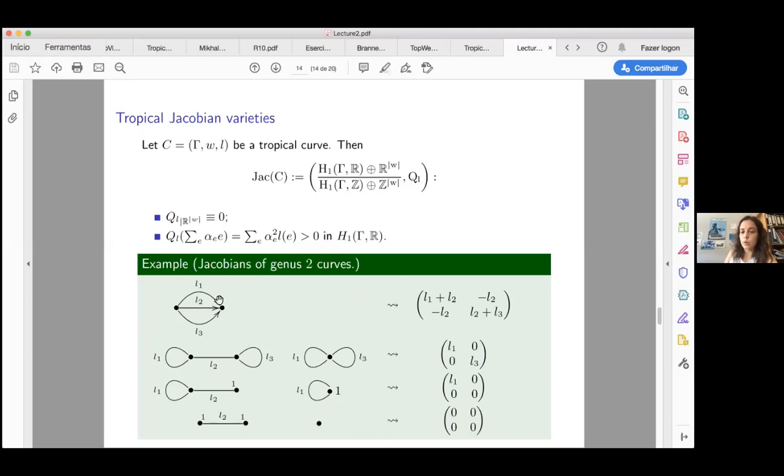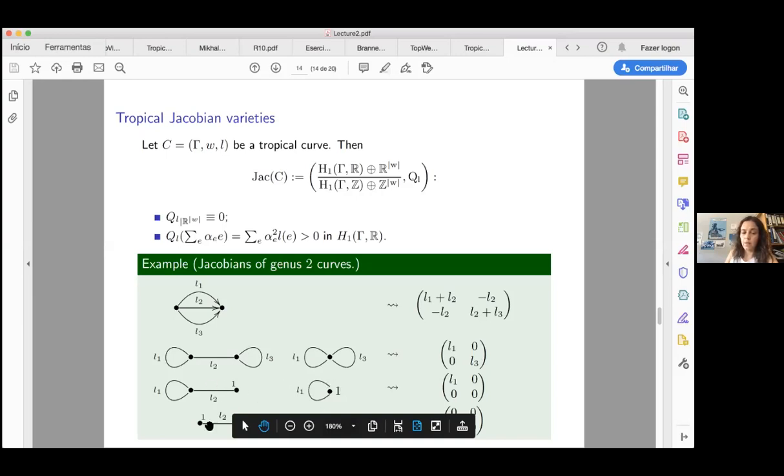What you have to do is choose an orientation for your curve, so that you can choose a basis for the H1, for the space of cycles in your curve, and then you compute using this rule the values of the quadratic forms in the basis, and you see that you get these matrices.